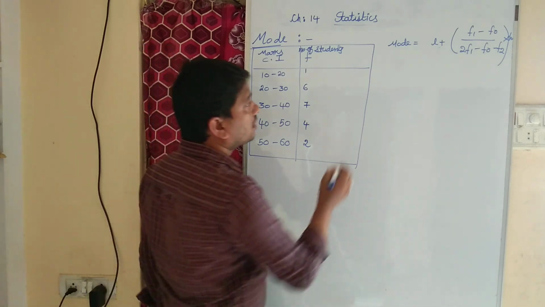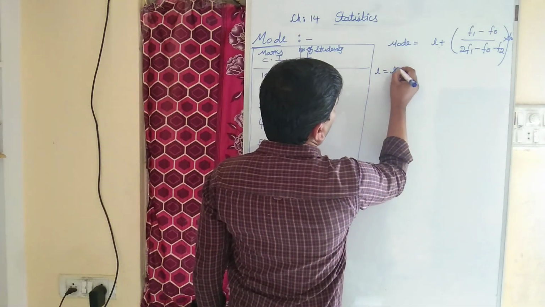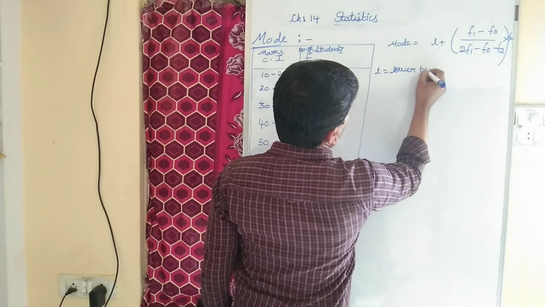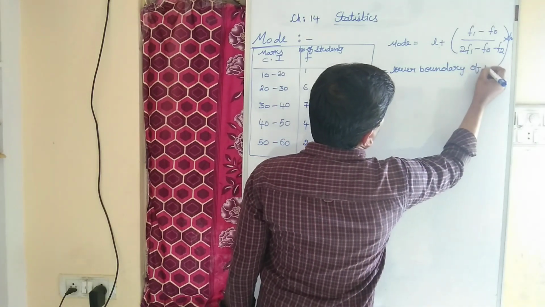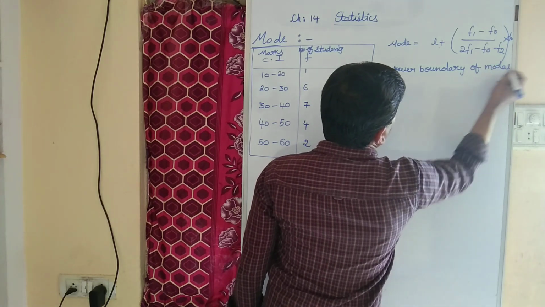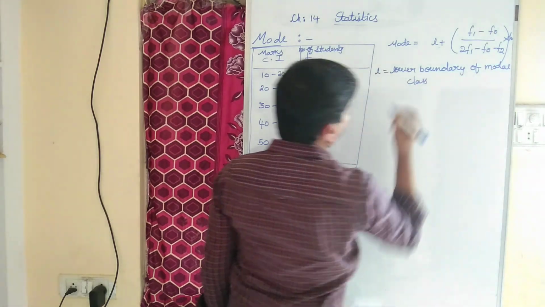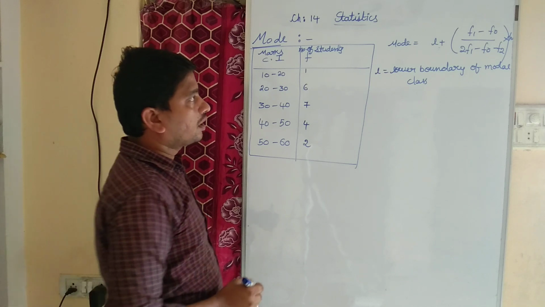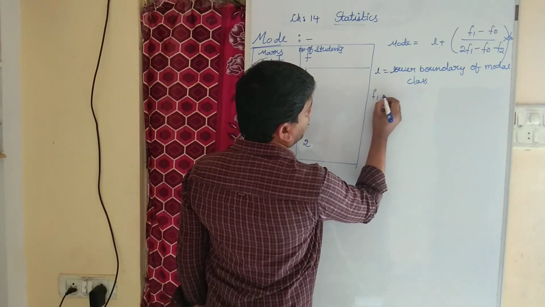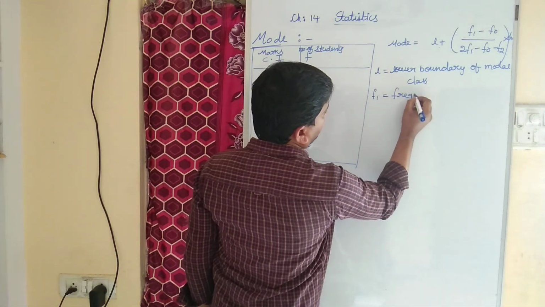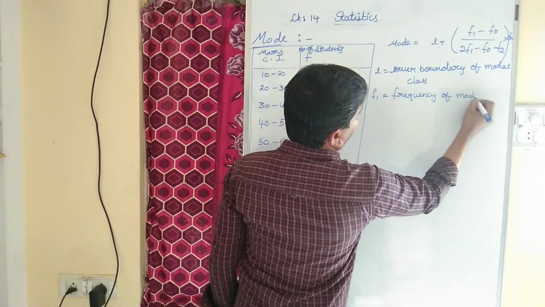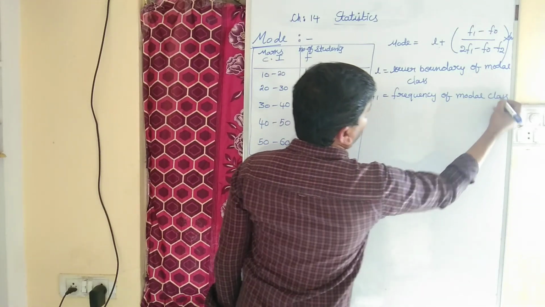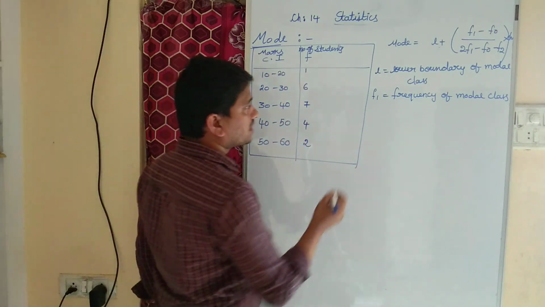So what is L? L is the lower boundary of the modal class. F1 is the frequency of the modal class. What is F0?